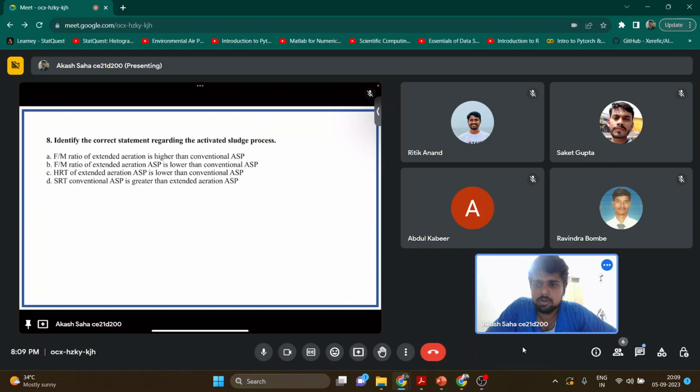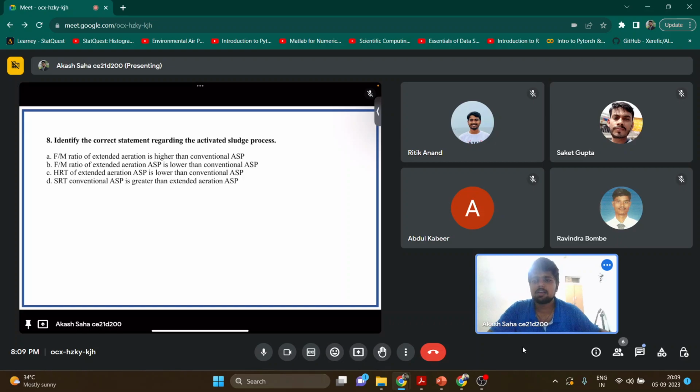If we are providing aeration for a long time, that means my HRT will definitely be higher. So option C is incorrect. Now solid retention time. If I am giving more and more aeration for extended periods of time, my solids will be retained for more time. So again, it will be greater in case of extended aeration. So option D is also incorrect.